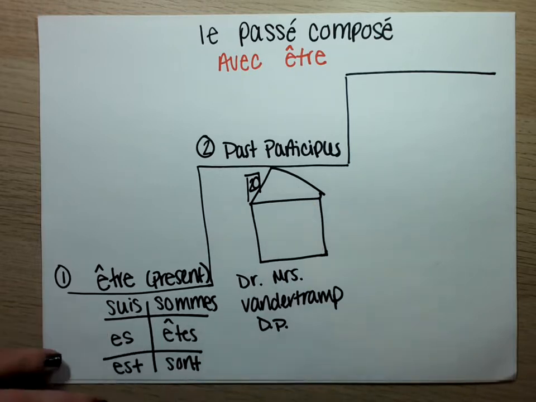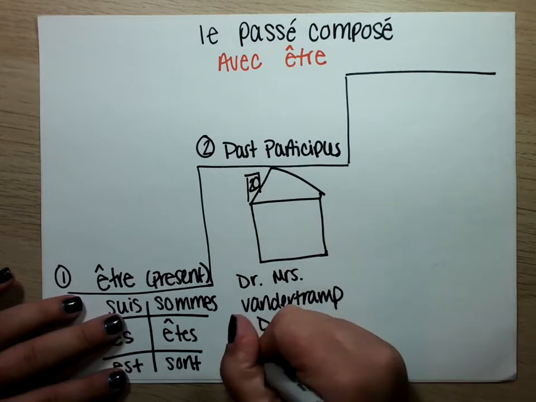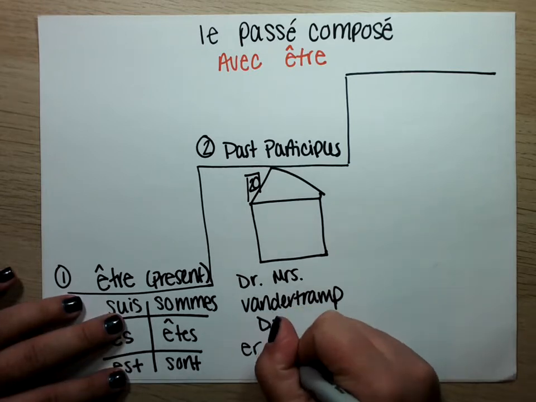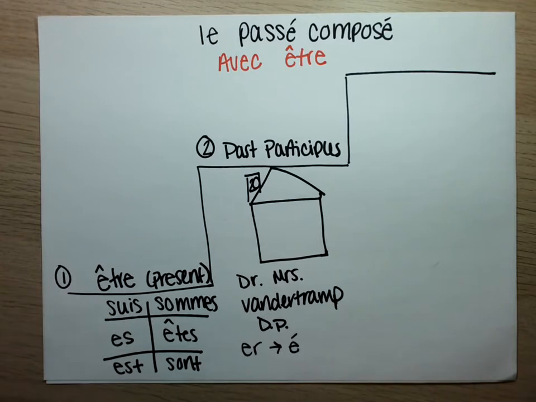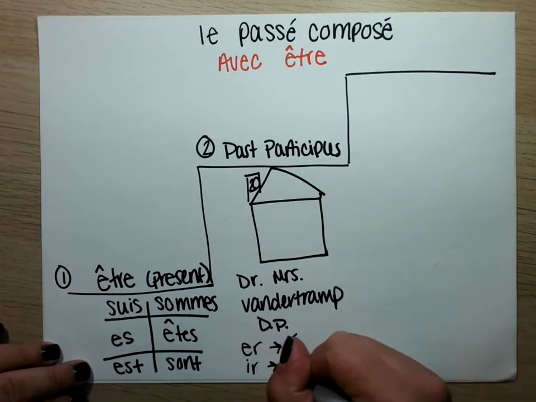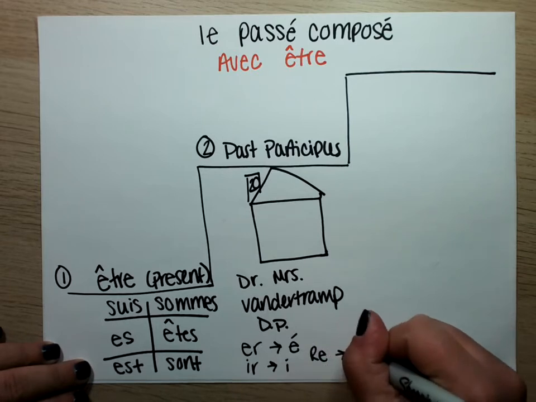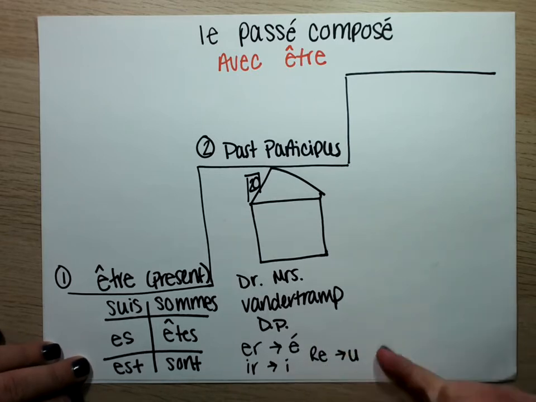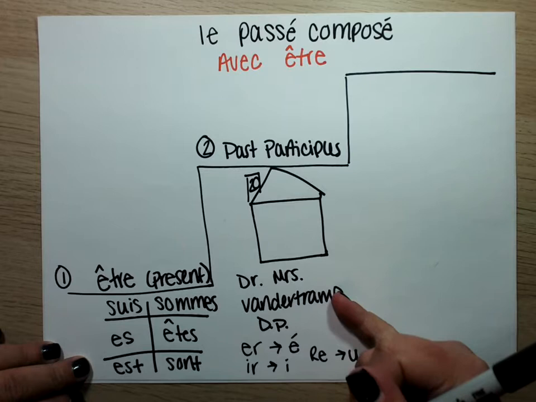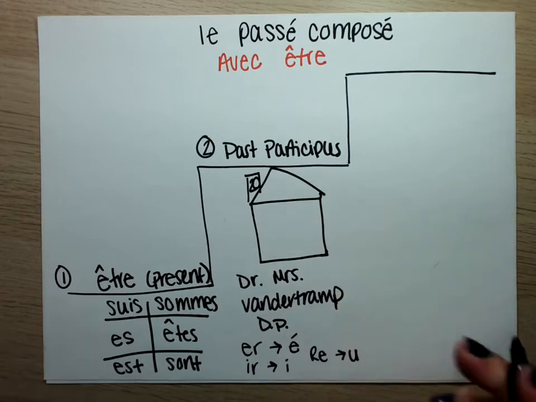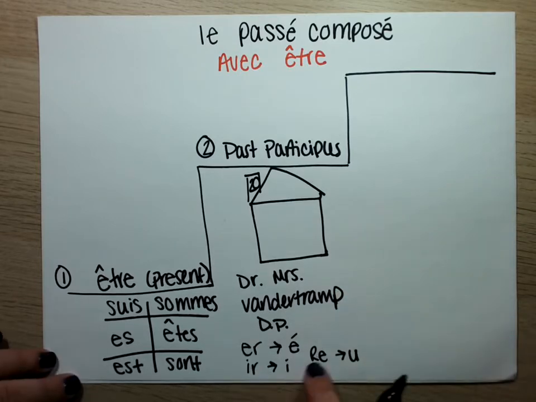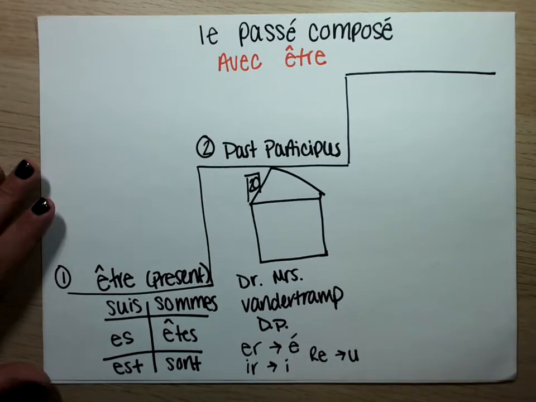All of these verbs will pretty much have the same endings, with er changing to accent aigu, ir changing to an I, and re changing to u. However, there are some irregulars that we'll talk about later on too. But for the most part, they'll all follow the same endings for those 3 groups of verbs.